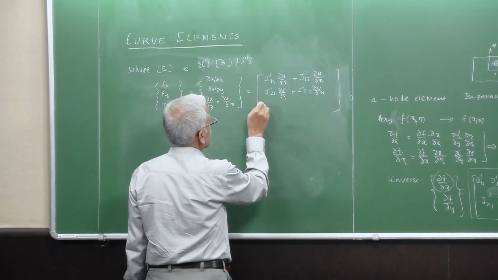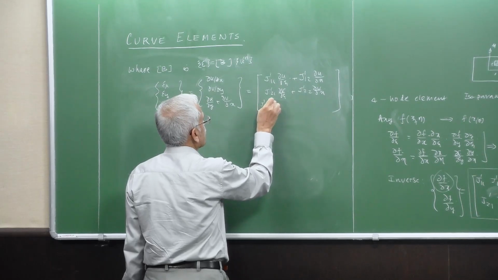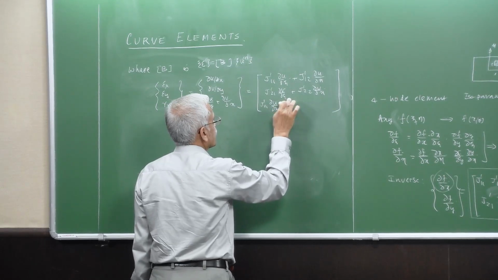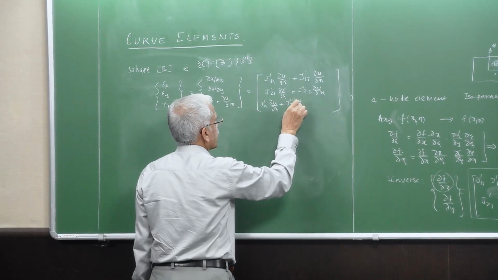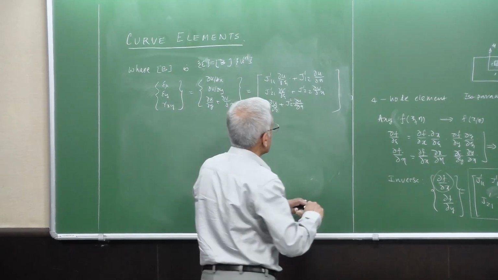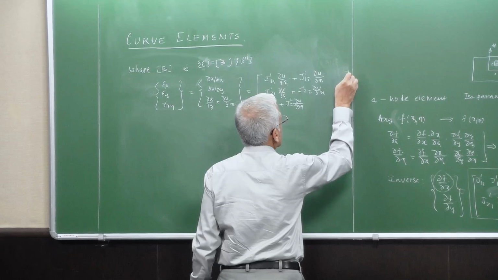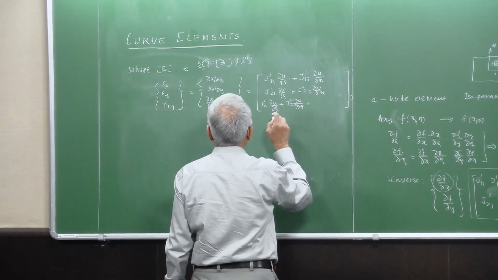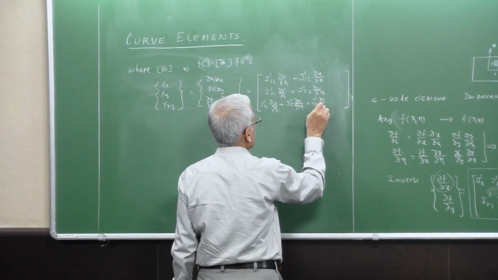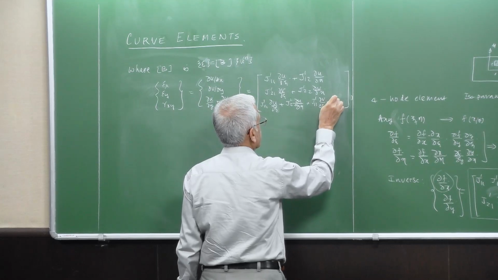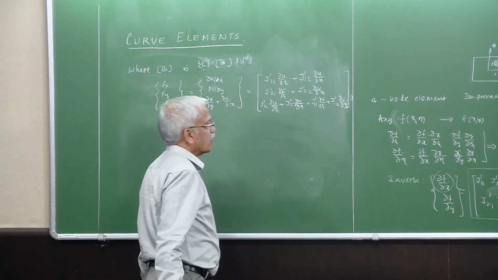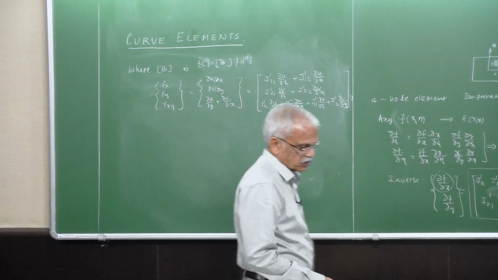Now we have two terms here: J prime 2 1 dou u by dou xi, J prime 2 2 dou u by dou eta, and two more terms of the derivative of v with respect to x, that's J prime 1 1 dou v by dou xi and J prime 1 2 dou v by dou eta. Okay, so these are the expressions.